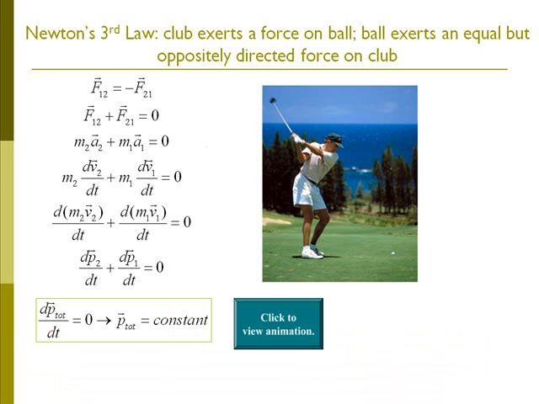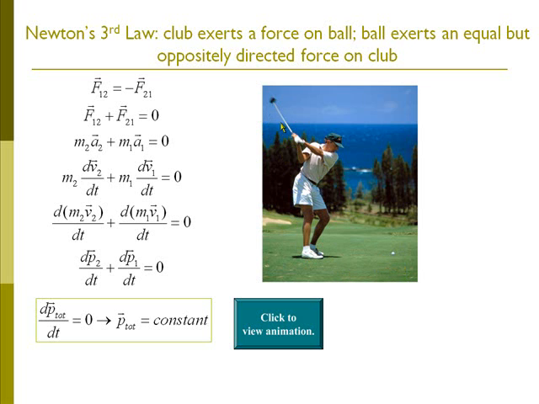But let's now shift gears a little bit, and since we have started talking about collisions, let's follow through with that. Specifically, Newton's third law. In this case, we have a golf club and a golf ball. If we were to isolate the golf club and the golf ball as two objects comprising a system, rather than the golf club being a force that acts on the ball over an increment of time.